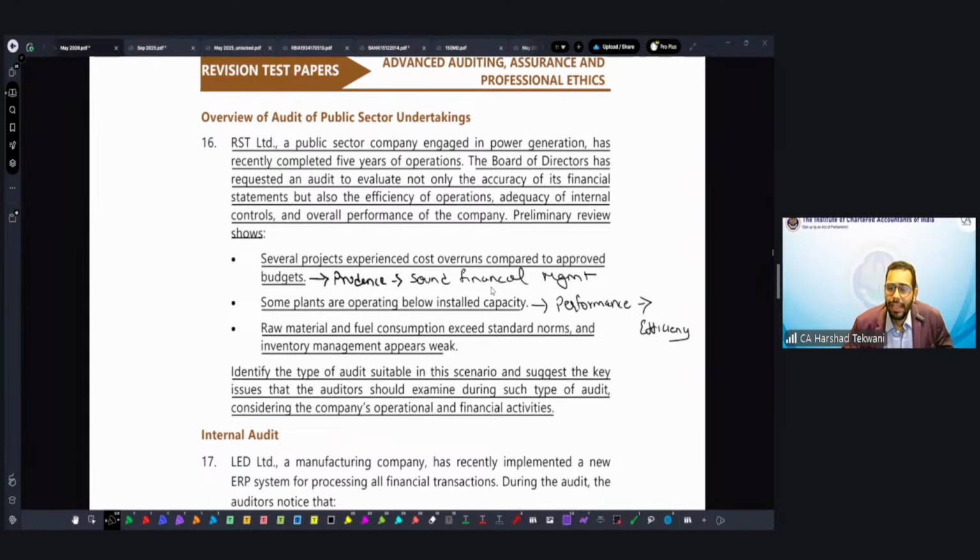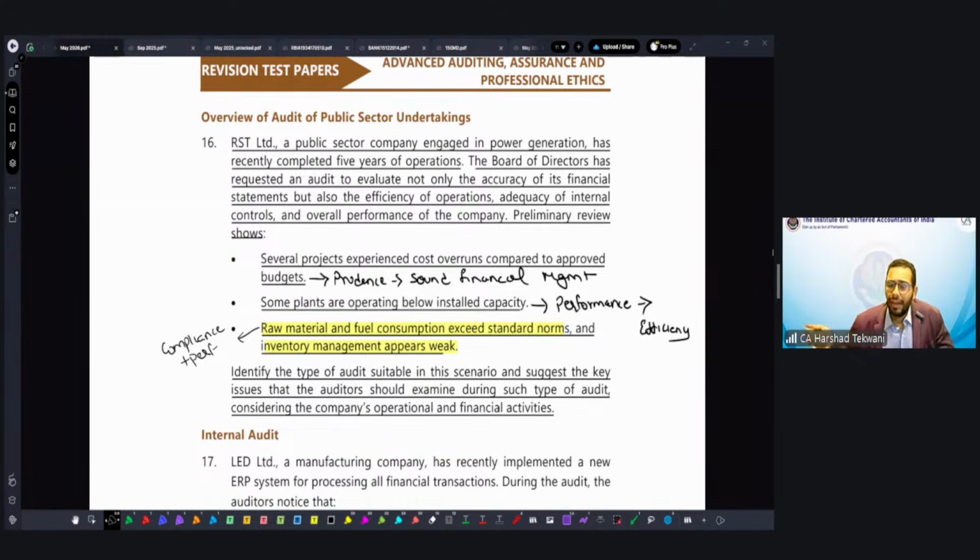And third, raw material and fuel consumption exceed the standard norm and inventory management appears weak. Again, raw material and fuel consumption appear to be exceeding the standard norms and inventory management is weak. This is again the sign of a mix of compliance plus performance.